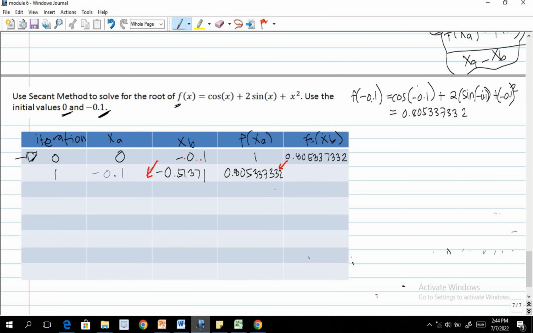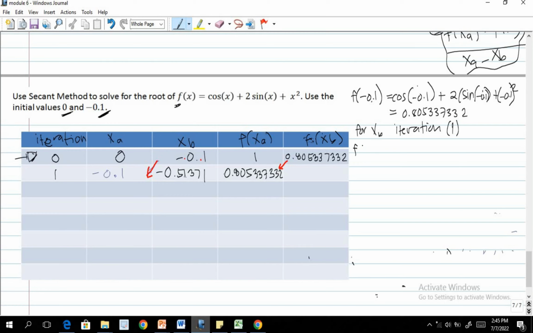So, ang problema ko na lang is yung fxb ng iteration 1. So, ang gagawin ko lang, isa-substitute ko lang yung value ng xb na negative 0.51371.